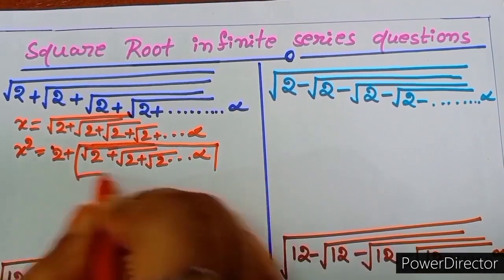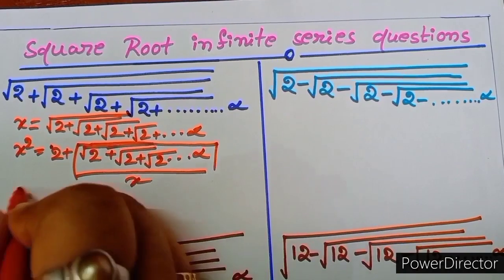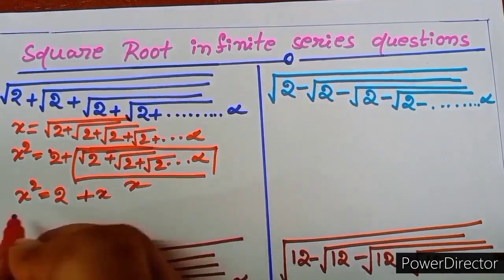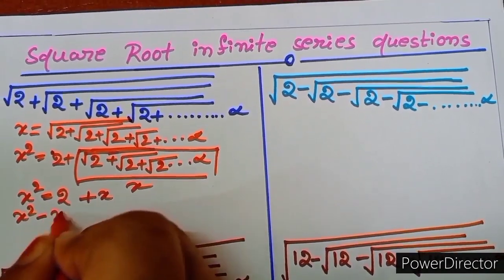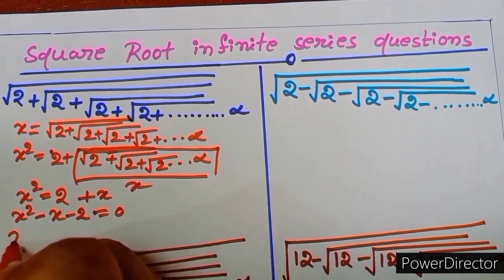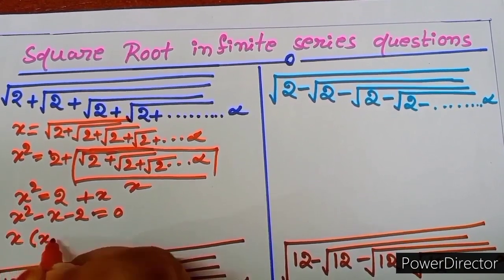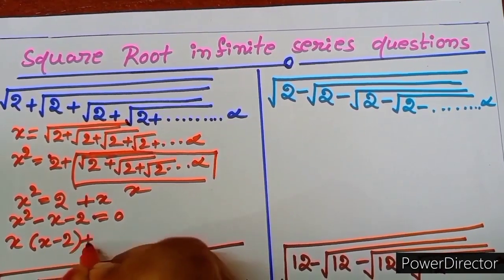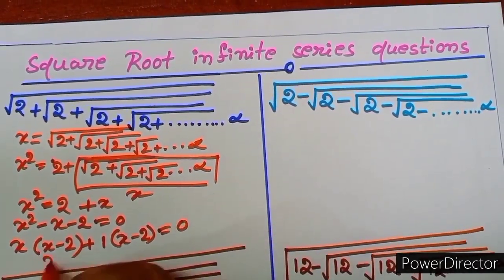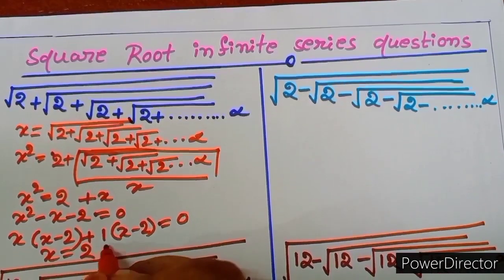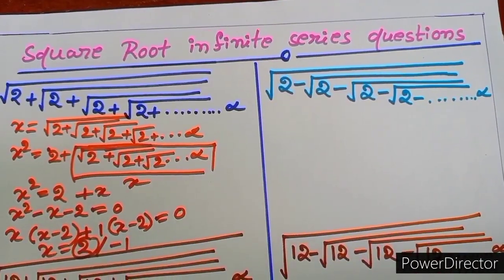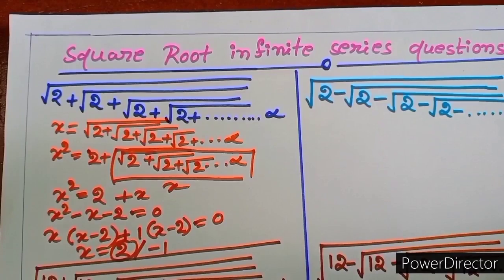So x square equals 2 plus x, so x square minus x minus 2 equal to 0. So (x minus 2) into (x plus 1) equal to 0. So x equal to 2 or minus 1. You always take the positive number, so x equal to 2. This is the basic, but we don't do it.